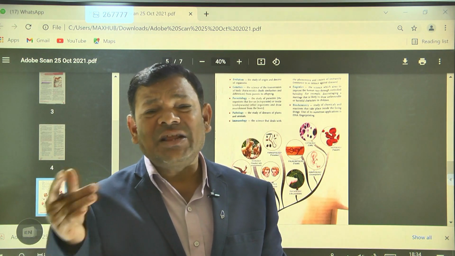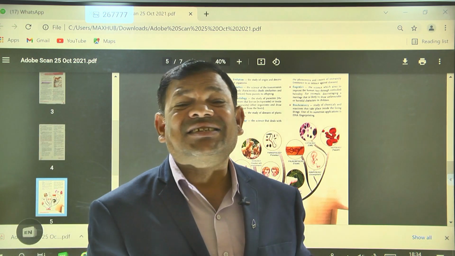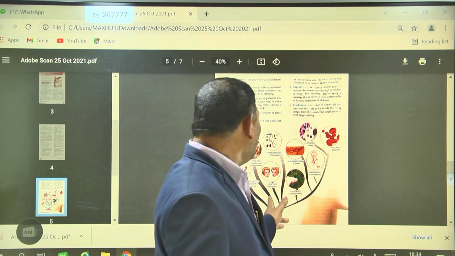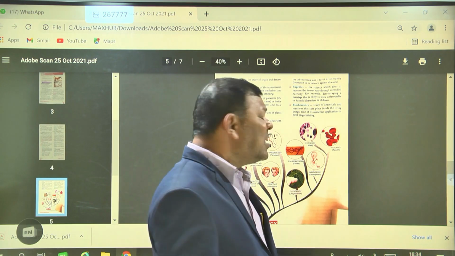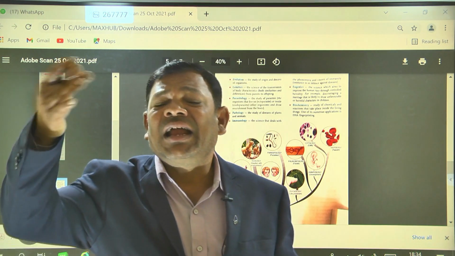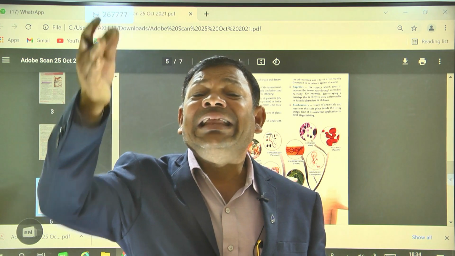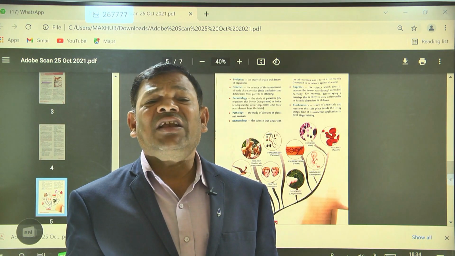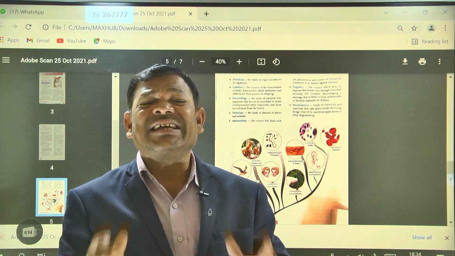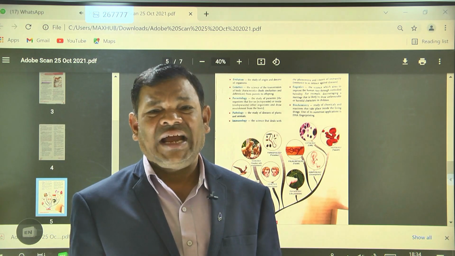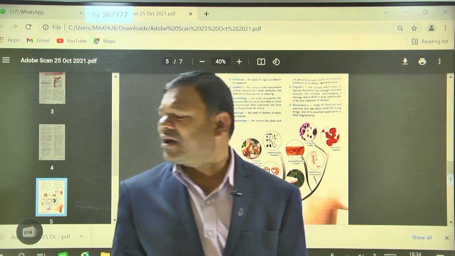So for example, who are the ancestors of the mammals? That means fishes, then amphibians, then reptiles, then apes, and then mammals. So evolution is a continuous process. It is slowly occurring.